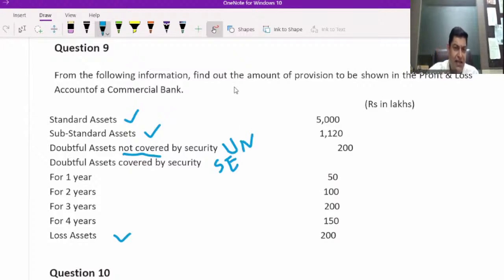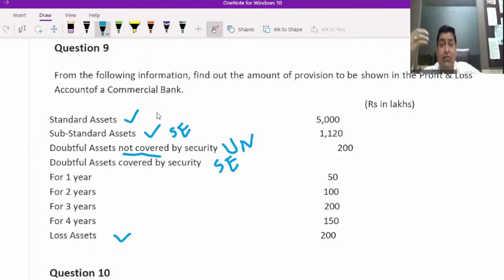Now guys, as far as substandard assets, nothing is specified. So what we understand is, if nothing is specified, then we should assume it as secured. So in the case of substandard, nothing is specified, so you can assume it as secured, and the percentage will be that way. In standard assets also nothing is specified.